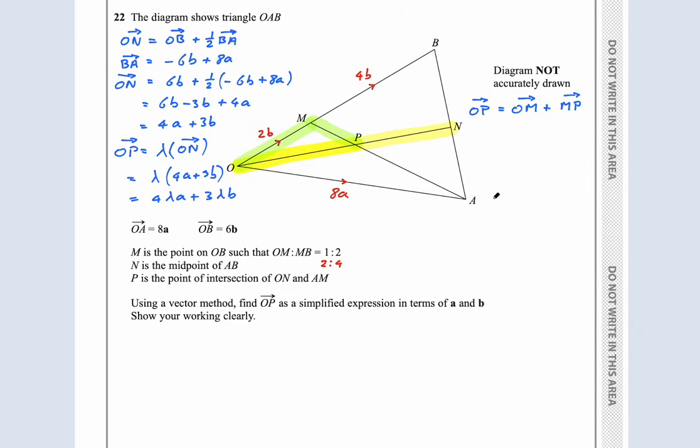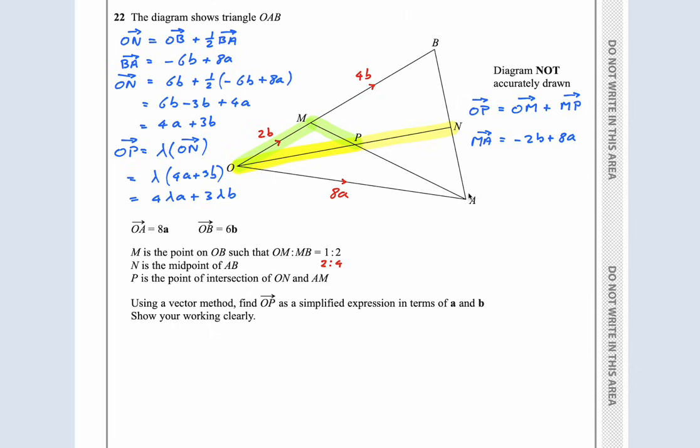Now MP, I don't know, and to get it, I need to first get MA, because it's some fraction of MA. So MA is a bit like BA. We go backwards, so we go minus 2b plus 8a.